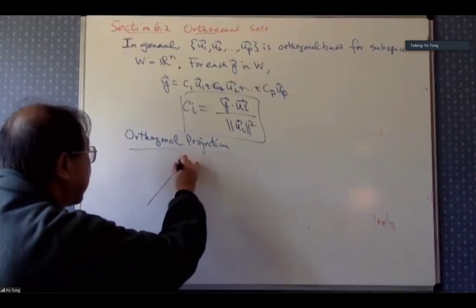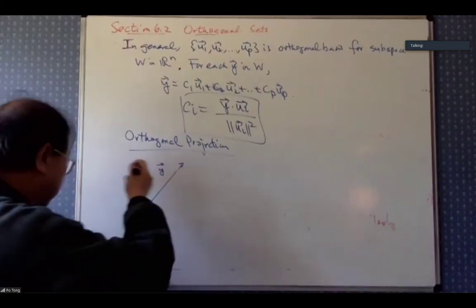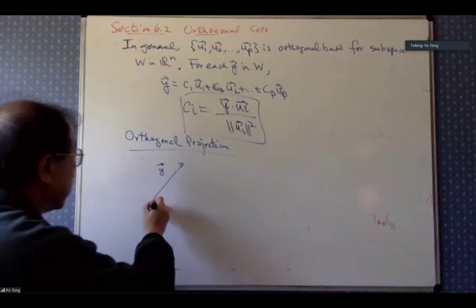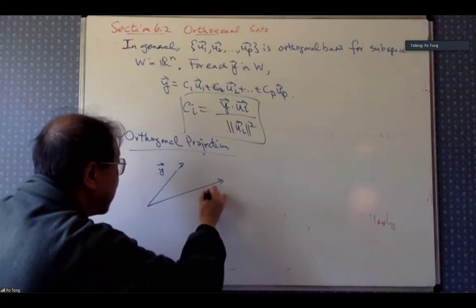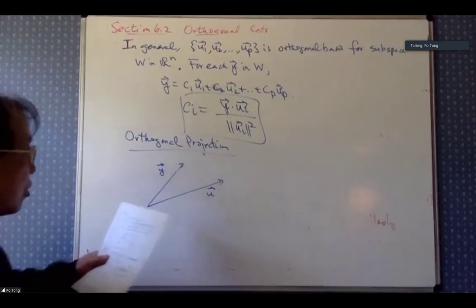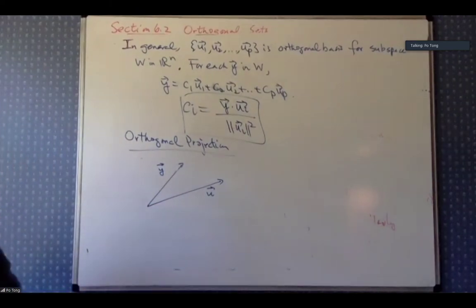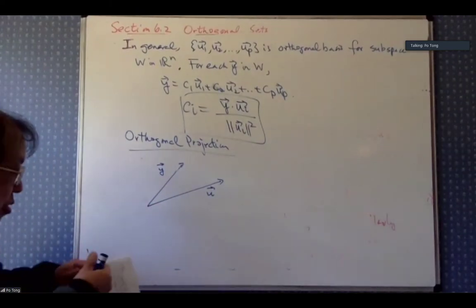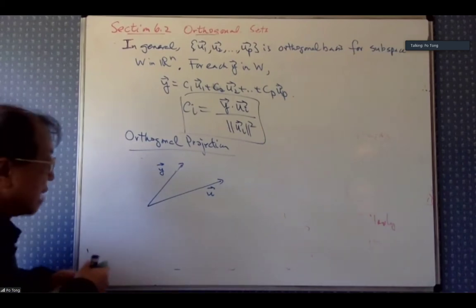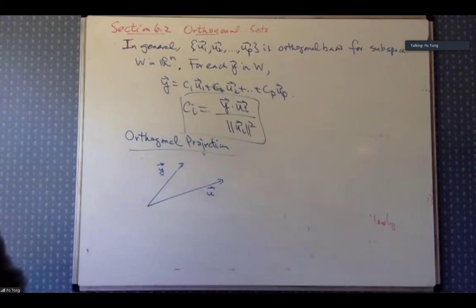You have a vector y. You have a vector u here. You want to project this vector onto this vector. That means doing the projection means the following.